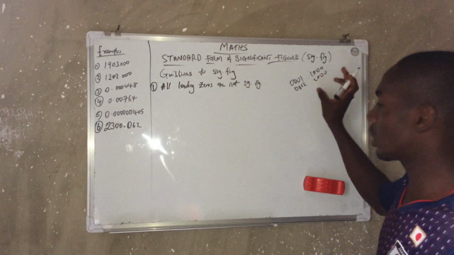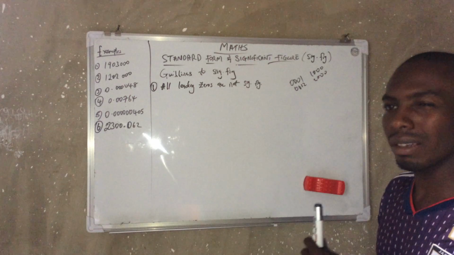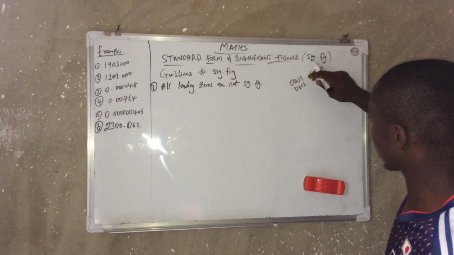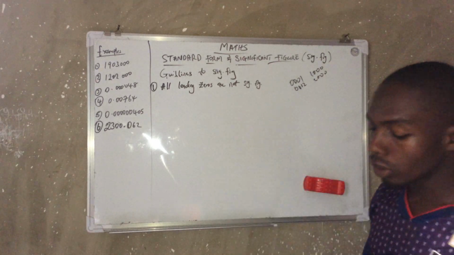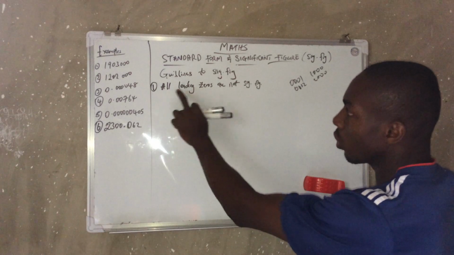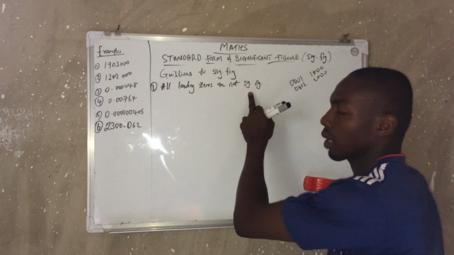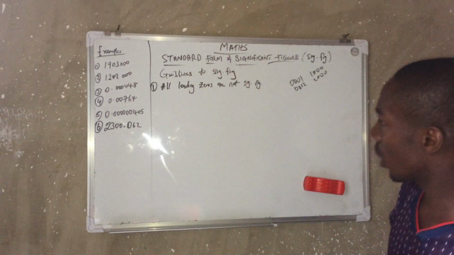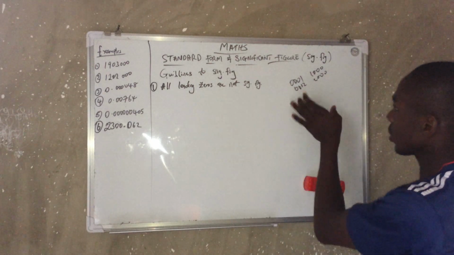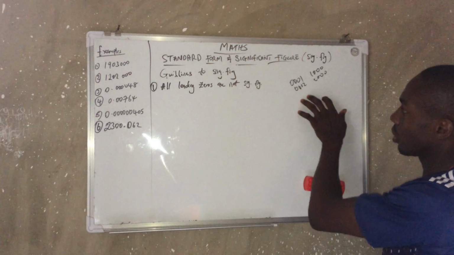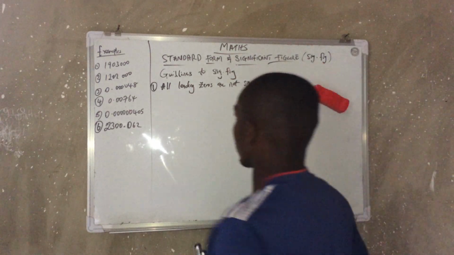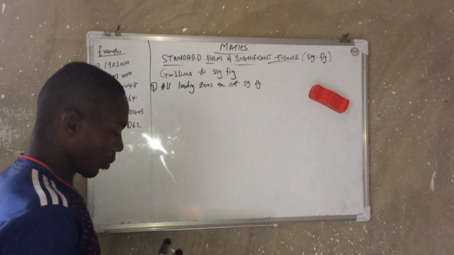We found out that these two things are not the same and they can never be the same. This is 1, this is 2, this is 1000, this is 2000. So this first guideline says that all leading zeros are not significant figures. So whenever you see something like this, you just know that these zeros here are not significant figures.